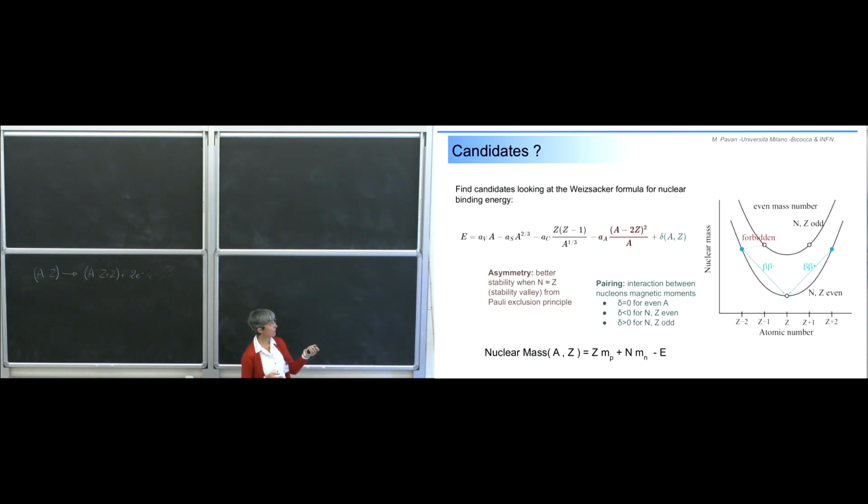And I look at the shape of the binding energies for different values of the atomic number and the nuclear mass. I discover that I can draw these two parabolas that arise from this term, that is the pairing term.